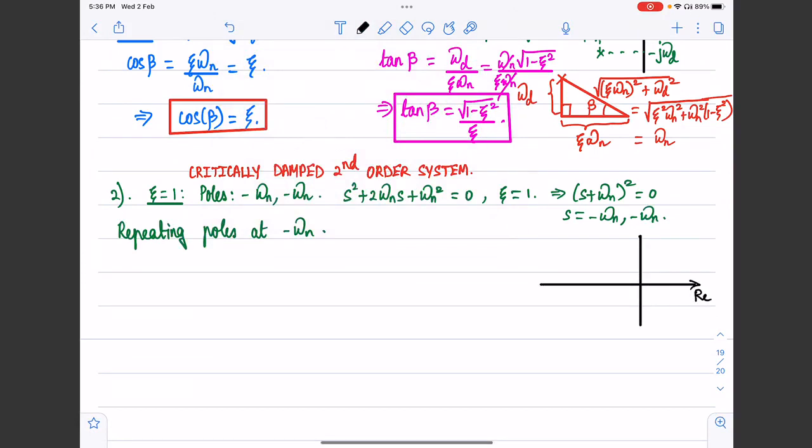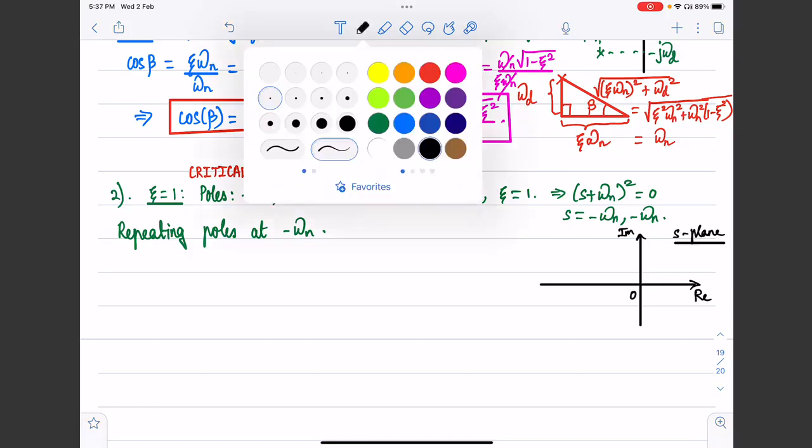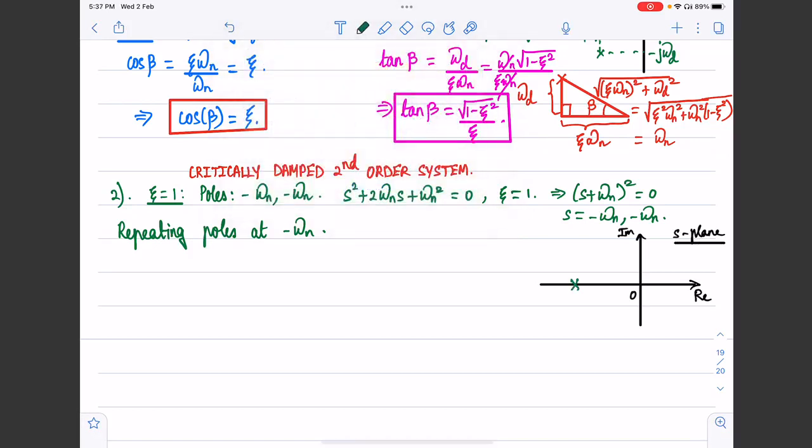In the case of critically damped systems, I am going to have two poles at the same location, minus 1. That's why I've drawn two crosses at the same location.